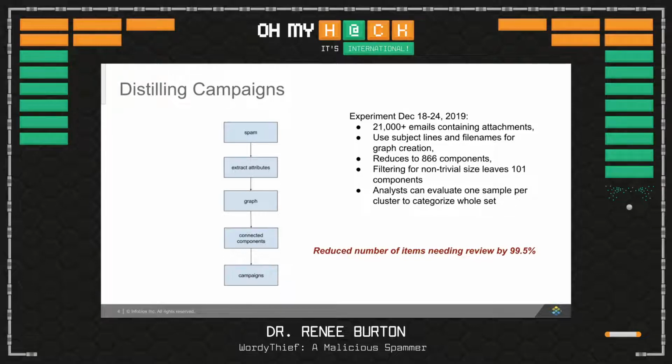It's still 101 in this case, but they can reduce it further in order to prioritize the way they spend their time. In the end, though, even if you looked at 101 individual items, we've reduced the number of items needing review by 99.5%, all with a pre-human eyes processing step that goes pretty quickly.